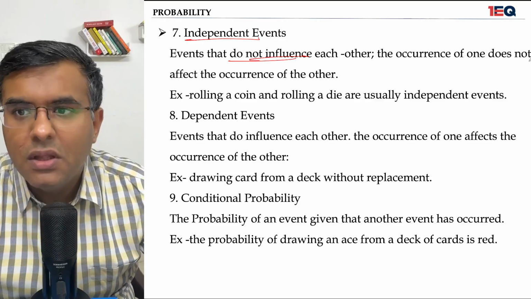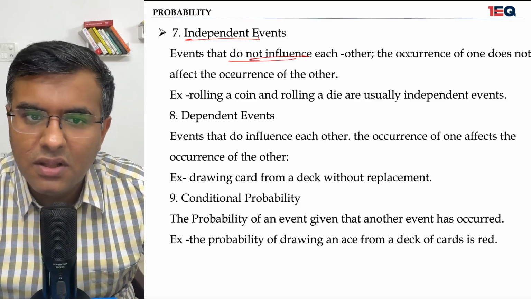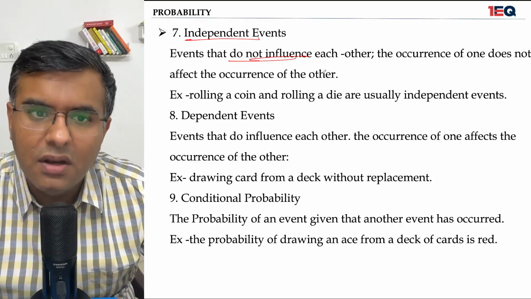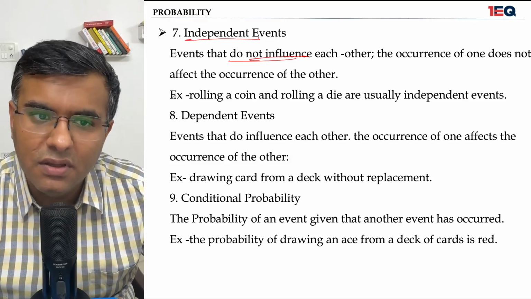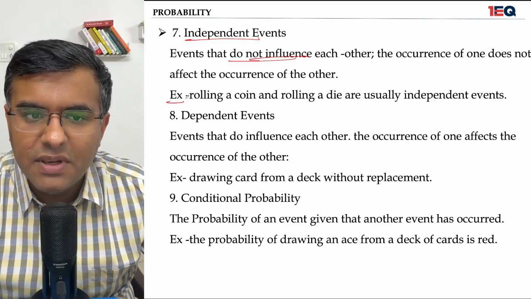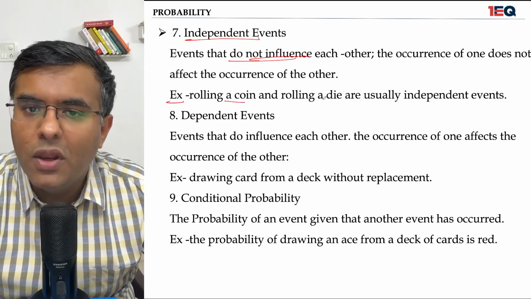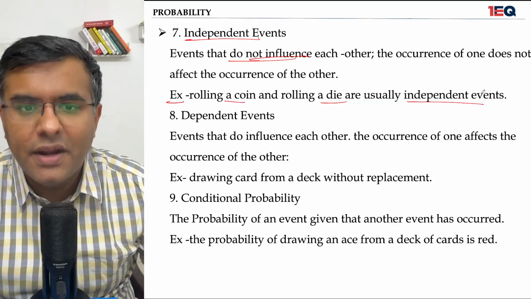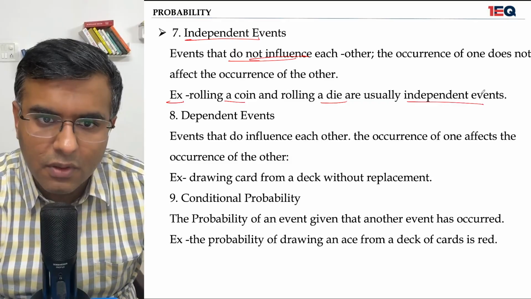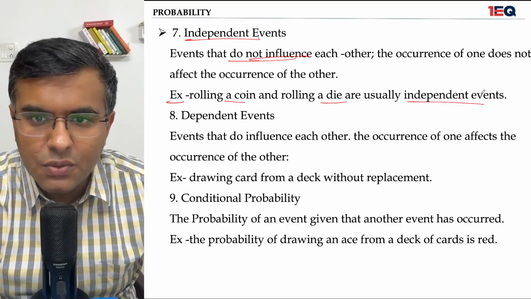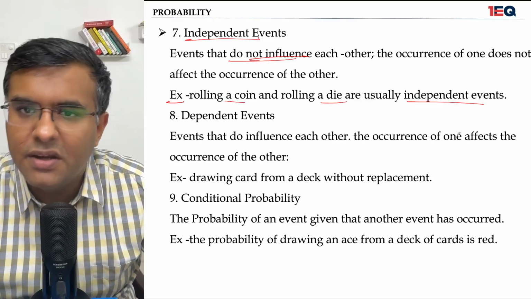The occurrence of one does not affect the occurrence of the other. So the example is flipping a coin and rolling a die, which are usually independent events. You're rolling a die and flipping a coin. These are two separate events, so they are called independent events.